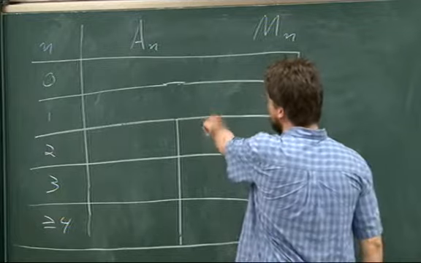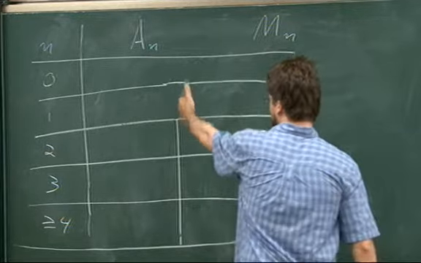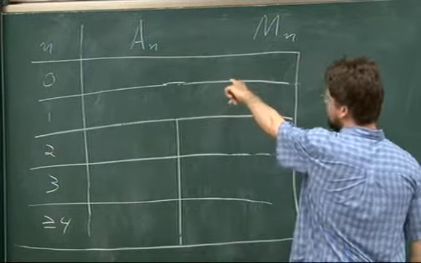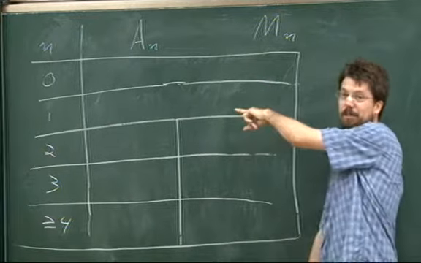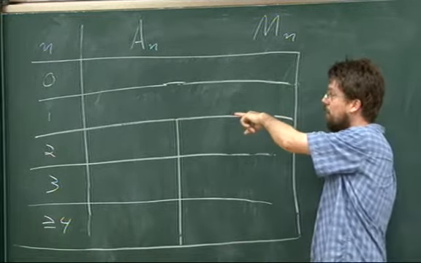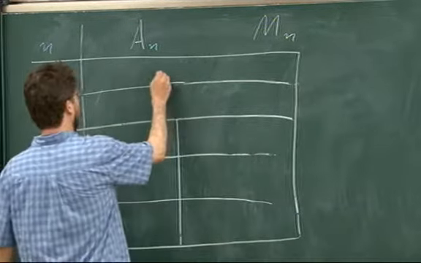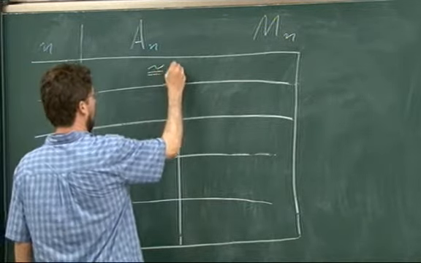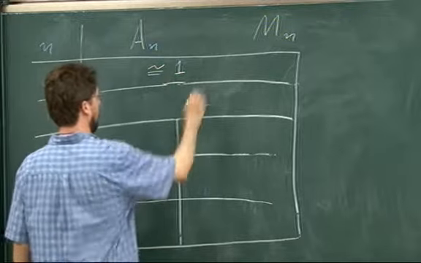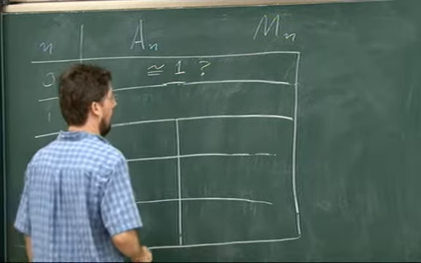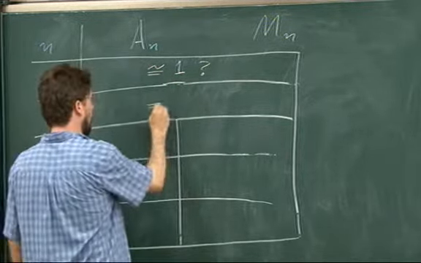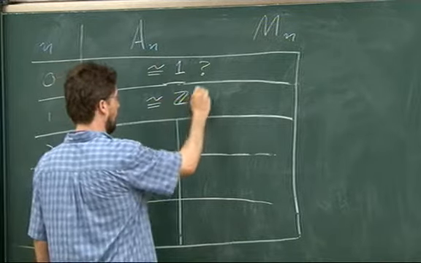So the reason there's no vertical bar here is that A0 and M0 are the same, and A1 and M1 are the same. So this is the question: is it trivial? Are you isomorphic to Z?